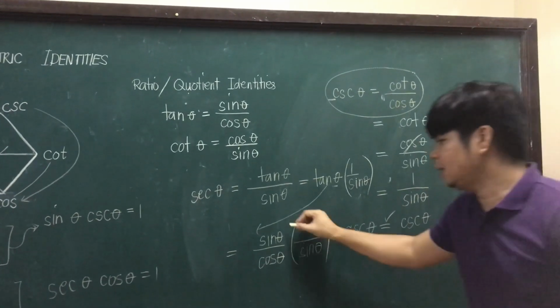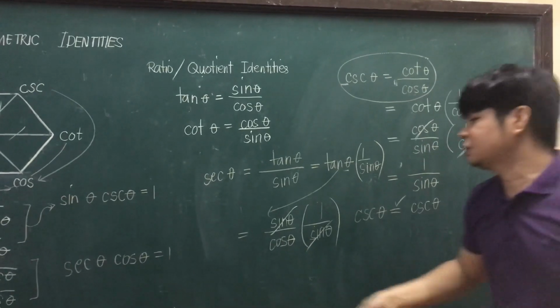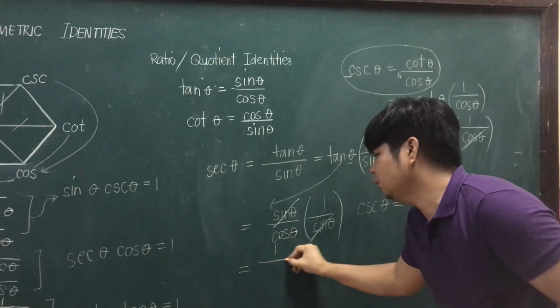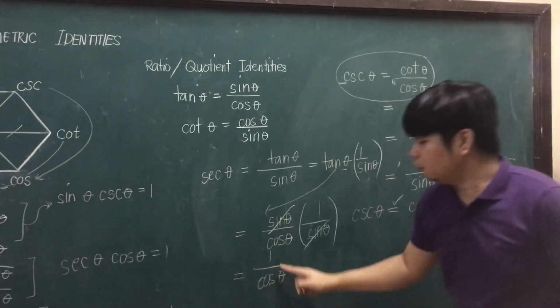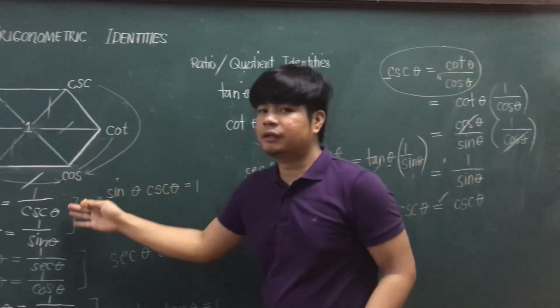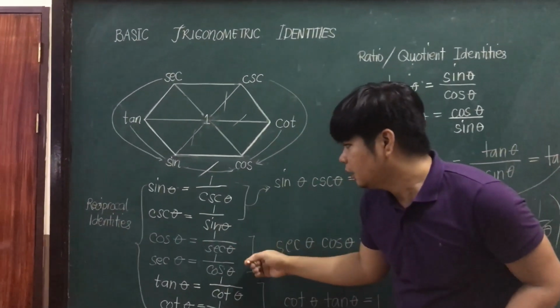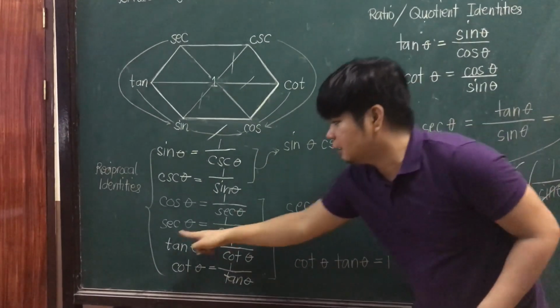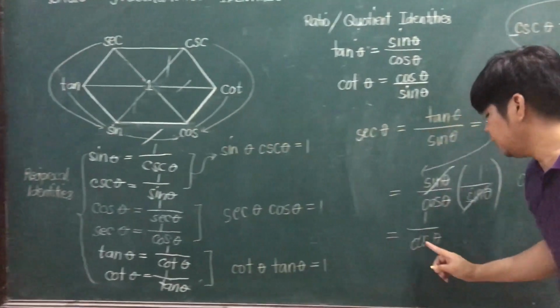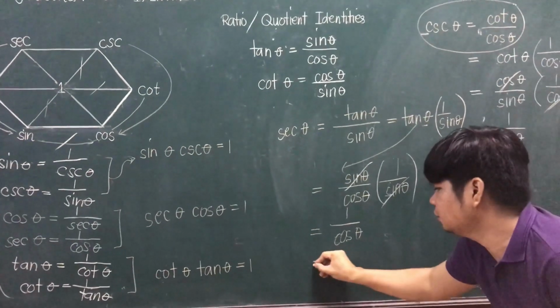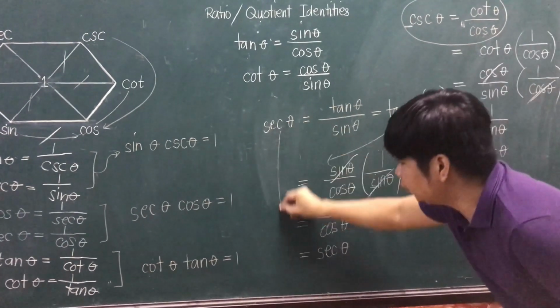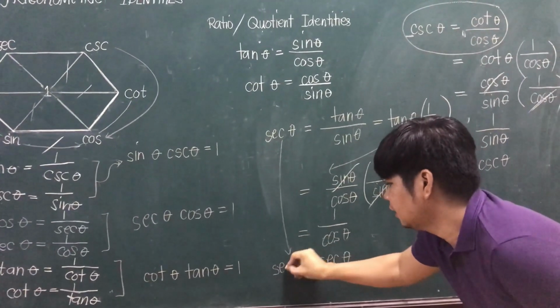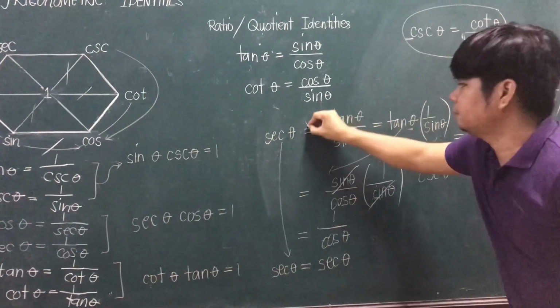We can now cancel out sine theta here. So what is left? We have 1 over cosine theta. But 1 over cosine theta, we go back to the reciprocal identity here. 1 over cosine theta is secant theta. So we can now replace 1 over cosine theta with secant theta. And we can now observe that they are the same.